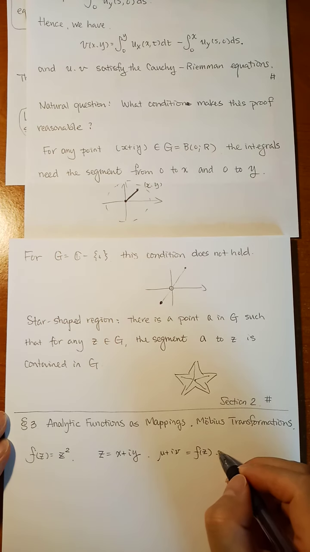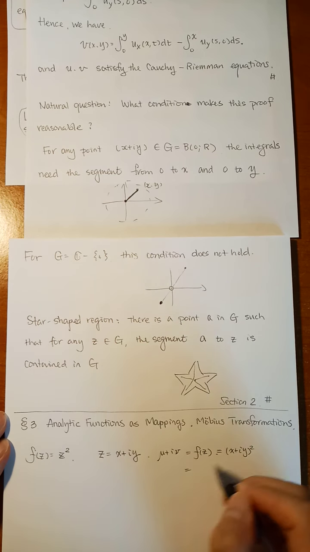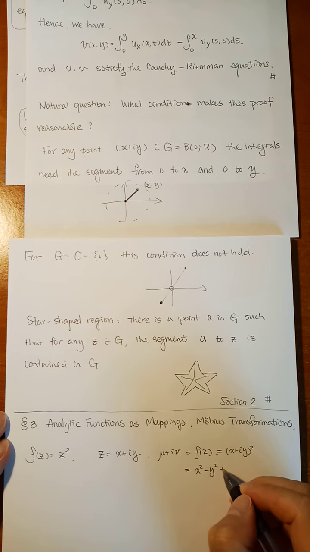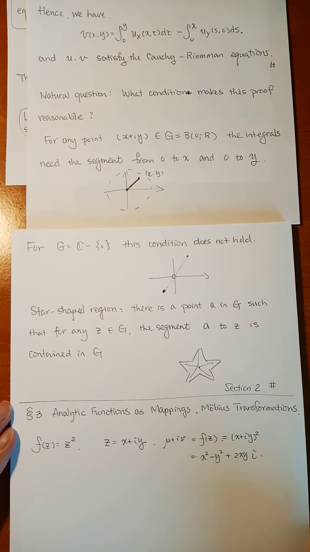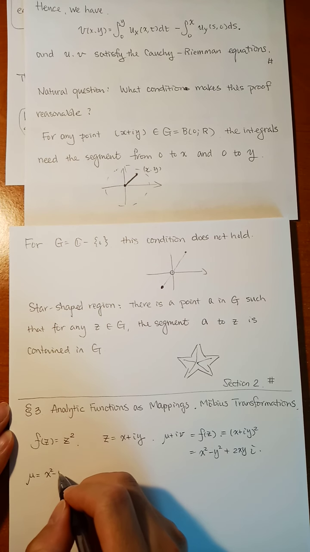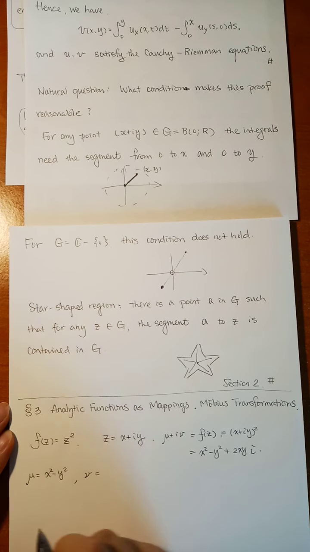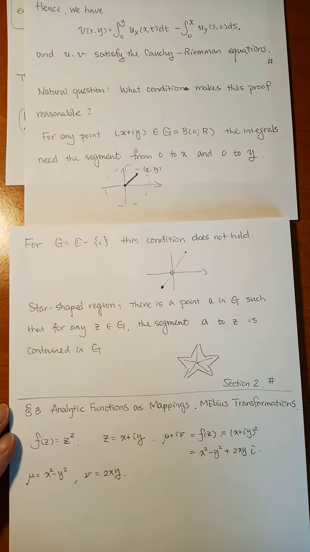Well, let's see. It's z squared, (x plus iy) squared. It's x squared minus y squared plus 2xyi. So we get u as x squared minus y squared, and v is 2xy.